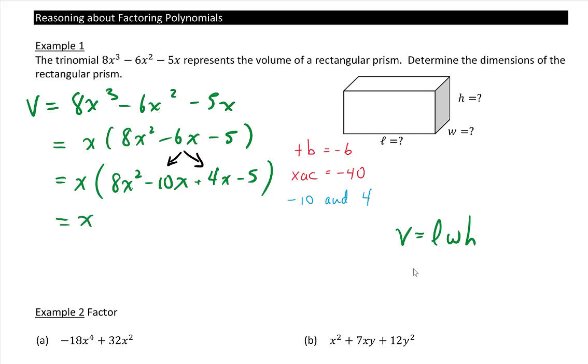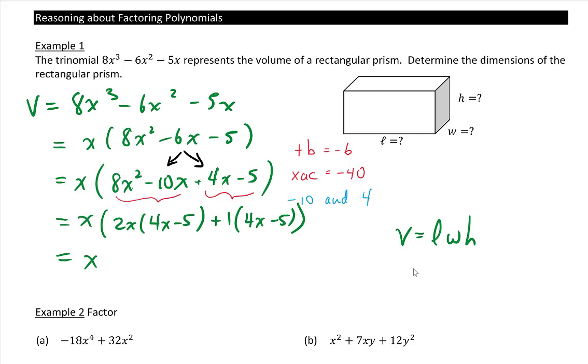Next, we factor by grouping. So here's our first group, here's our second. We take out a 2x from the first group, and that leaves us with 4x minus 5. In the second, the only common factor is 1, so we're left with 4x minus 5. Taking out the common factor of 4x minus 5 leaves us with x times 4x minus 5 times 2x plus 1.